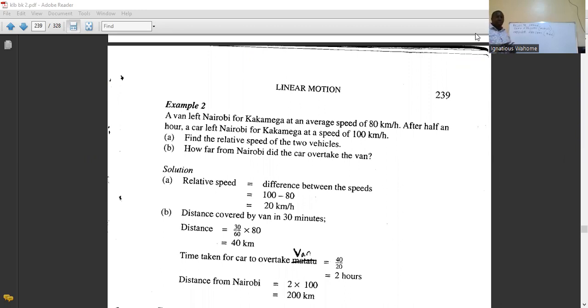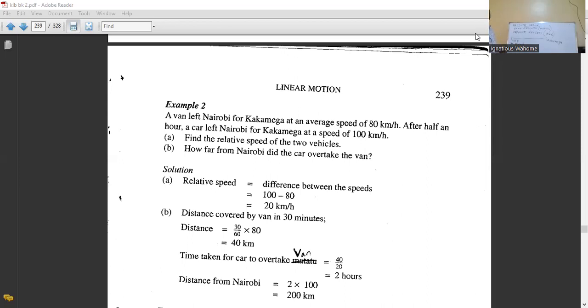So let's go to that example too. We have a van that left Nairobi for Kakamega. So draw a straight line there and say this is Nairobi and this is Kakamega. The van left Nairobi at an average speed of 80 kilometers per hour.